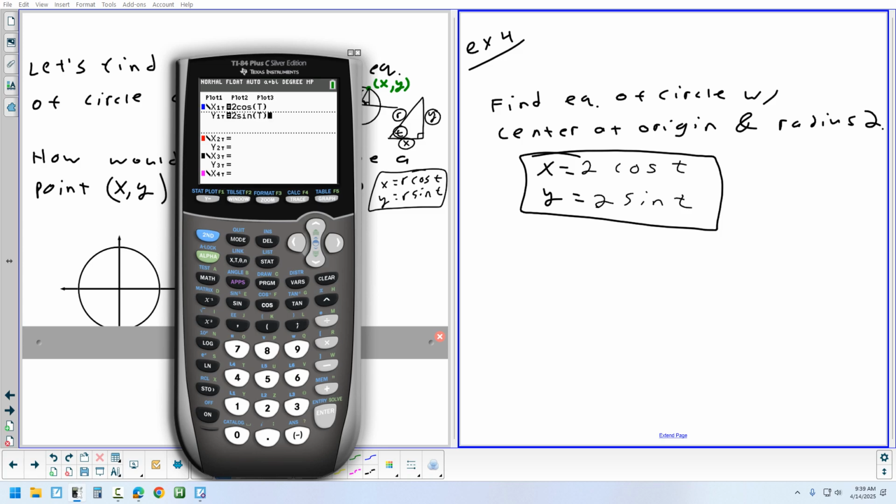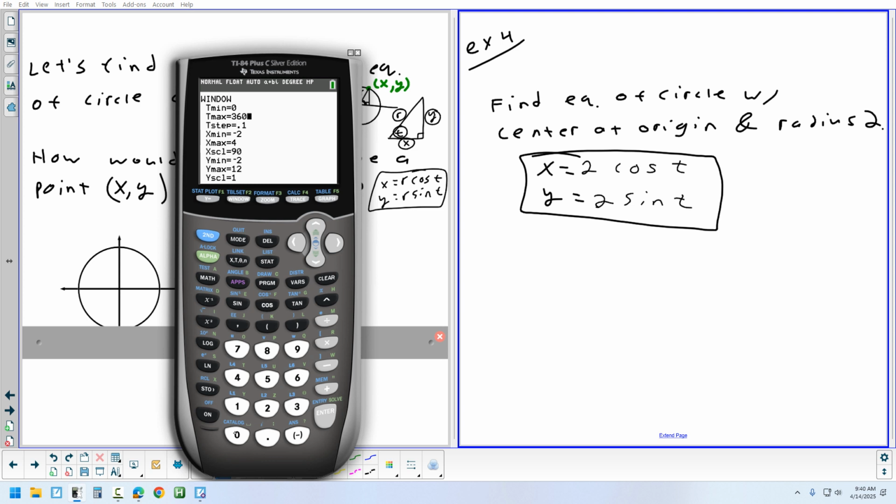In order to get a full circle, you have to know what the parameter should go from. And we kind of looked at this with a spiral. Where would the parameter start, and where would it have to stop in degrees? Because I'm in degrees. Yep, 360. It has to go through 360 units. I think the easiest way is to go from 0 to 360.